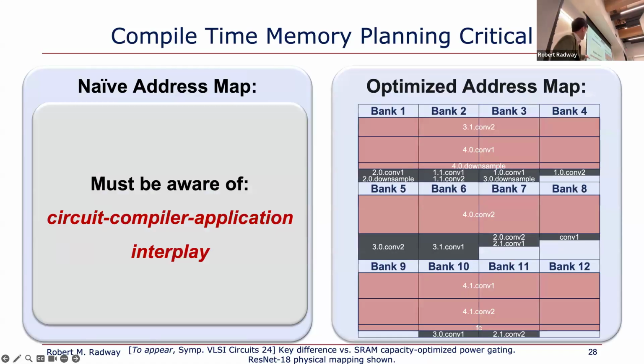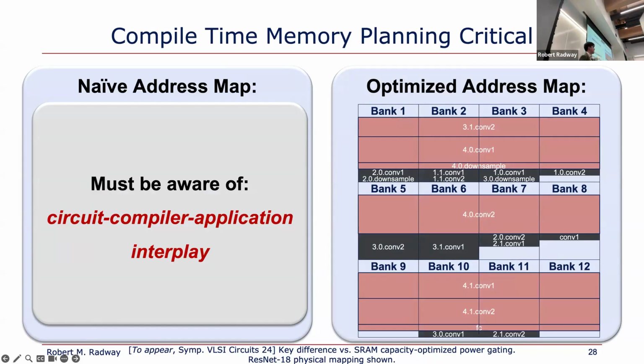So the compiler has to be aware of this. You have to do some sort of greedy fill process where you first assign your 4x mode, then the 2x modes, and then the 1x modes, such that you shard your tensors correctly across the memory.